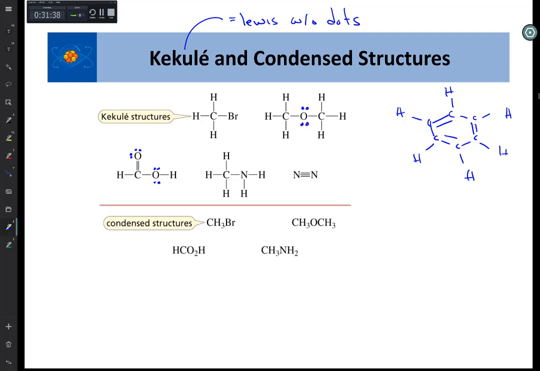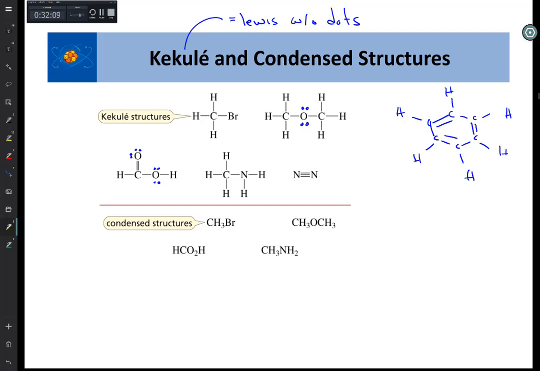But then there's also condensed structures, and I'm not going to spend a lot of time talking about condensed structures. We'll practice it, but what do you see here? It's the atom followed by the things attached to it, and then the subscripts to show the numbers. CH3O, CH3, that would be this one. Now the reason the O is here is because it's actually in between the two. And then this one's a little harder.